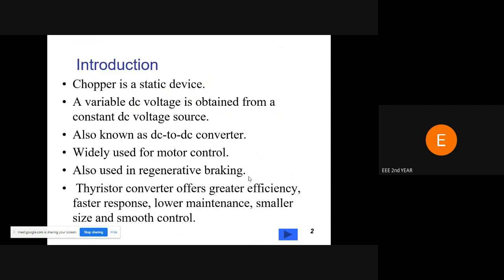These are the advantages over phase control rectifiers. Compared with phase control rectifiers, the chopper converter is more efficient, gives a faster response, requires very low maintenance, is small in size, and gives smooth control.